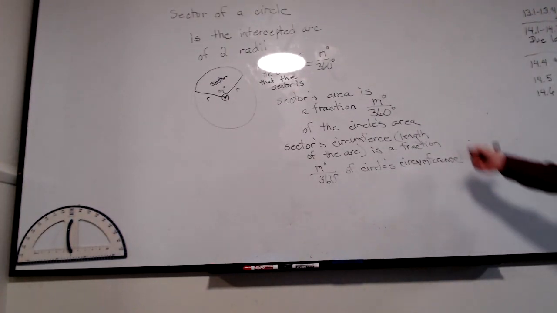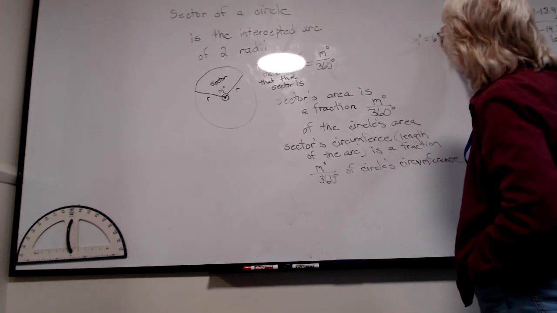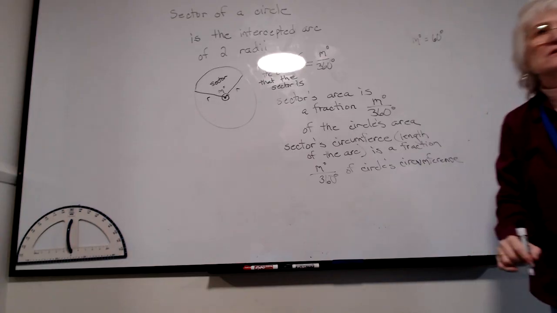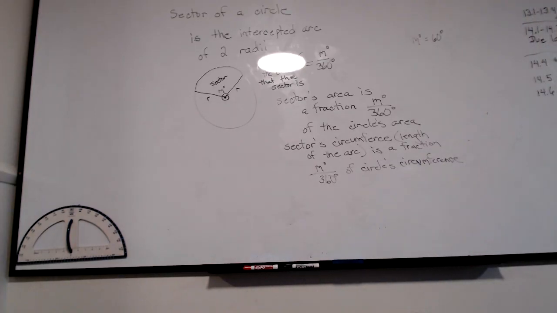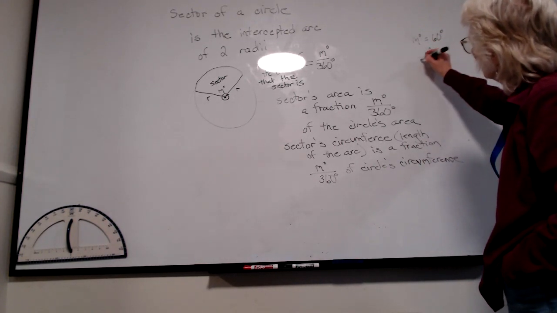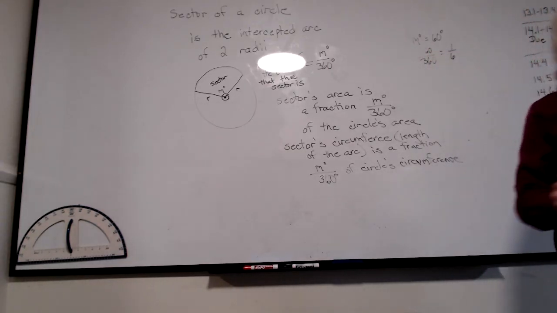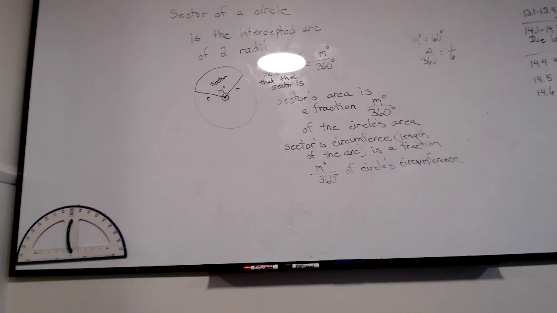If I give you that m is 60 degrees, well, what portion of the circle is that? 60 divided by 360 is 1/6, correct? That sector is 1/6 of the entire circle.